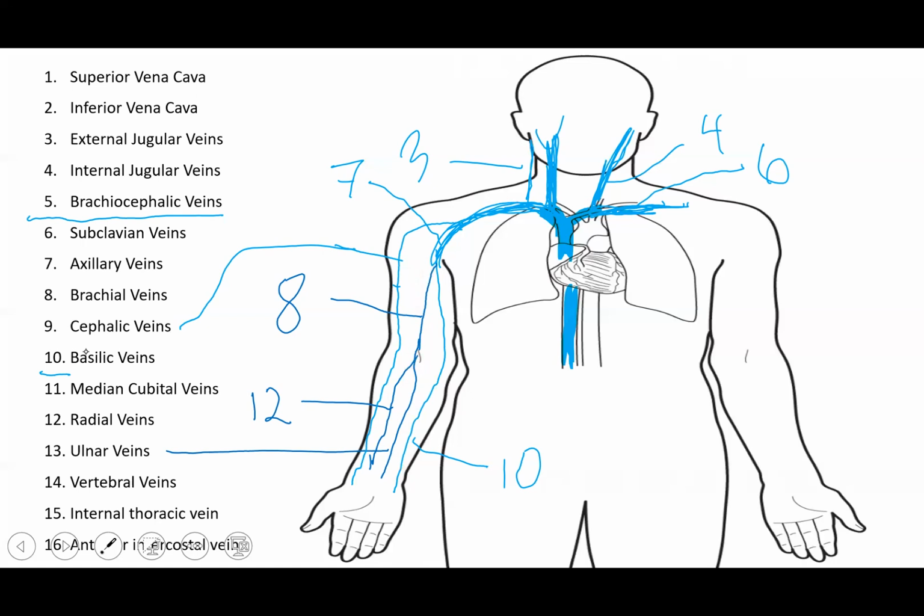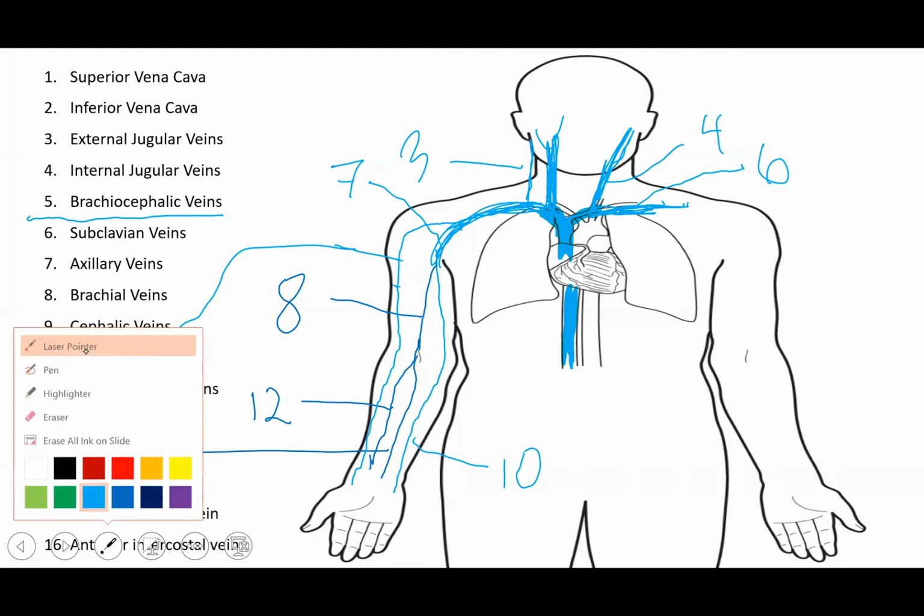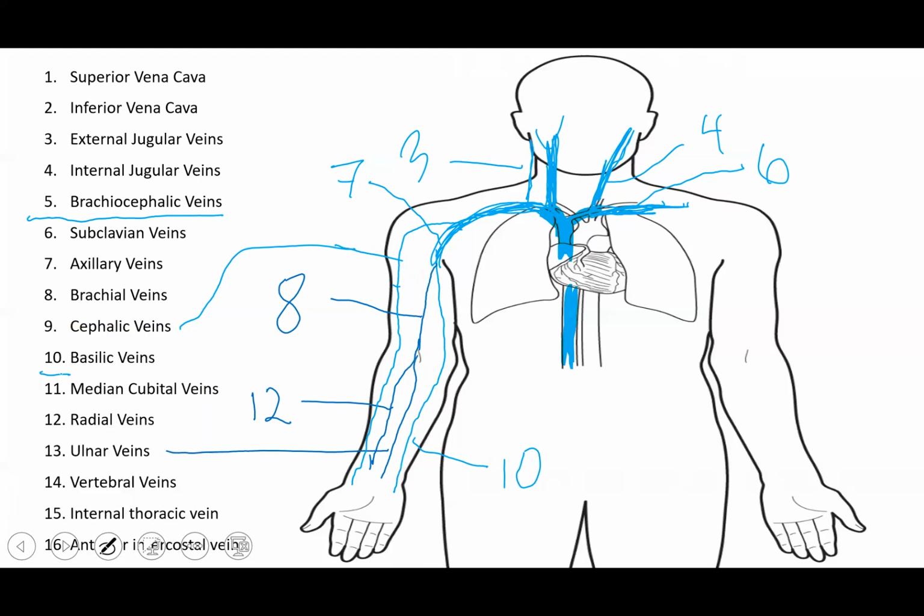Final notes here. We do have a couple extra vessels here at the bottom. Vertebral veins. These veins, and actually arteries as well, travel through the transverse foramina of your cervical spine. So these are protected vessels.